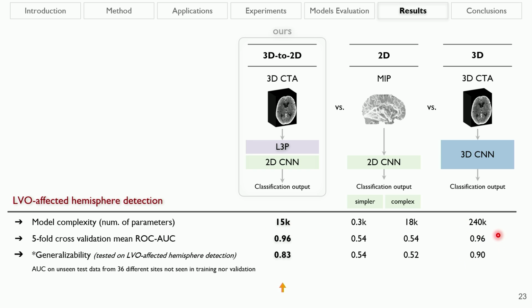And here you can see the results for the stroke-specific 3D model. As you can observe, our method achieves equivalent results as a full 3D method. 0.96 is the 5-fold cross-validation mean AUC, while requiring much fewer parameters.